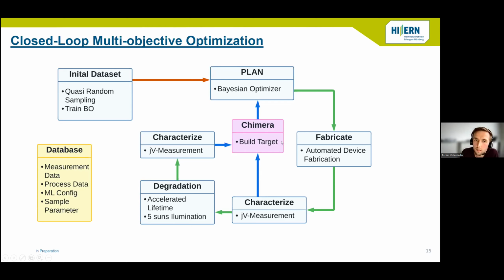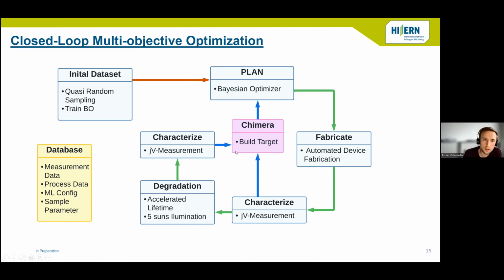So we then put those targets into Chimera. Chimera is a tool, as well as the optimizer we used here, which is called Phoenics. Both are developed by the Aspuru-Guzik Group in Toronto, and it basically uses those two targets and builds one target for the optimizer. But you can also use any other function. For example, the most natural choice would probably be some kind of weighted sum.